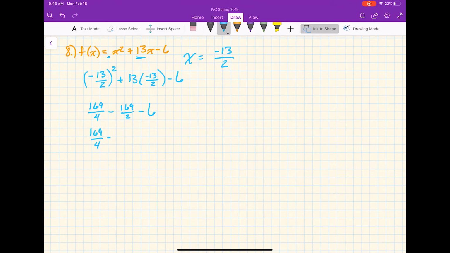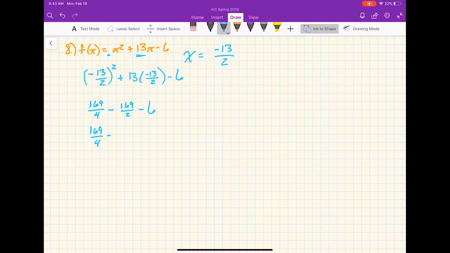Now we have to get common denominators here, so this is really minus 338, multiply that by 2, yeah, 338 over 4. And then minus 24 over 4. Now we have all of our common denominators.